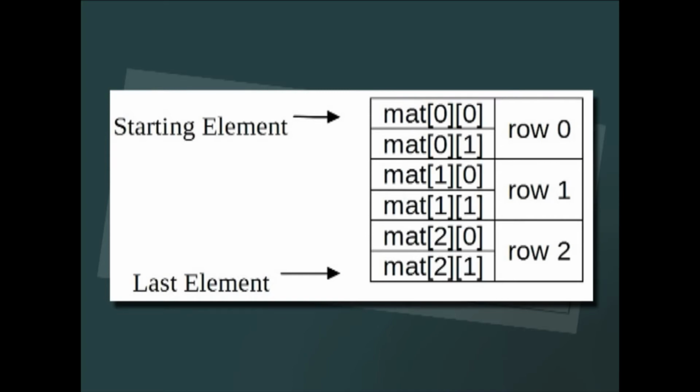The 0th element of array mat is denoted by mat[0][0] and the last element is represented by mat[2][1]. This method of storing the elements in memory is known as row major order storage representation. Note, each dimension of the array is indexed from 0 to its maximum size minus 1.